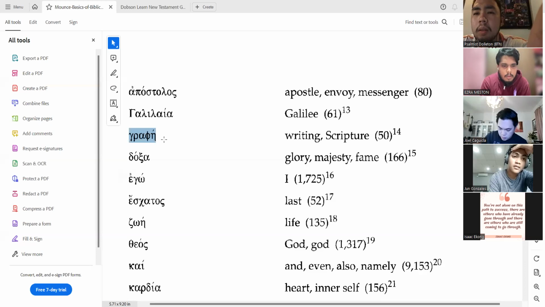How do you read it, Psalmist? We already saw this a while ago. Remember the writing?